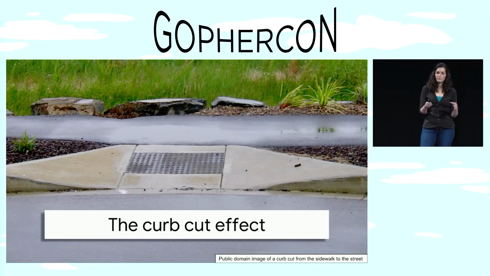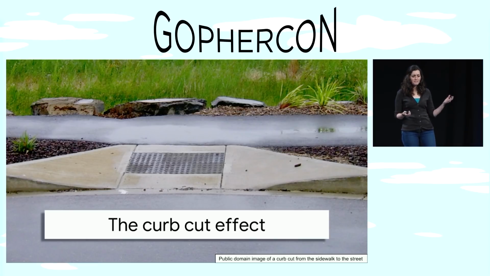When cities were trying to make their streets more accessible to wheelchair users, they put in curb cuts, which are ramps between the street and the sidewalk. And an unexpected thing happened. They found that putting in these curb cuts made the city more navigable for parents and tourists. I believe it actually increased tourism in these cities.